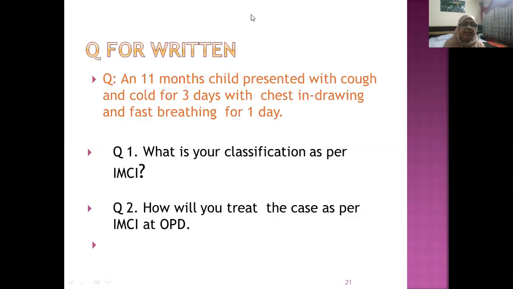So here you can assess whether the treatment is in the blue zone, yellow zone or green zone. Here the baby has cough and cold and fast breathing. So this is yellow zone, the baby has pneumonia, and you have to treat the child from OPD and the treatment will be taken at home.